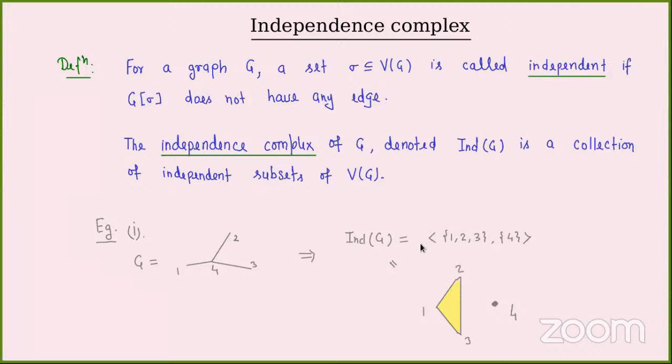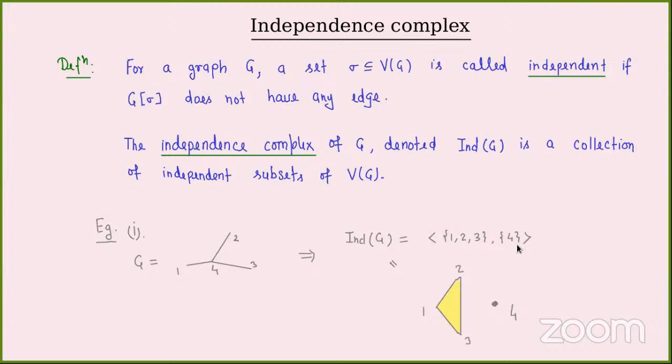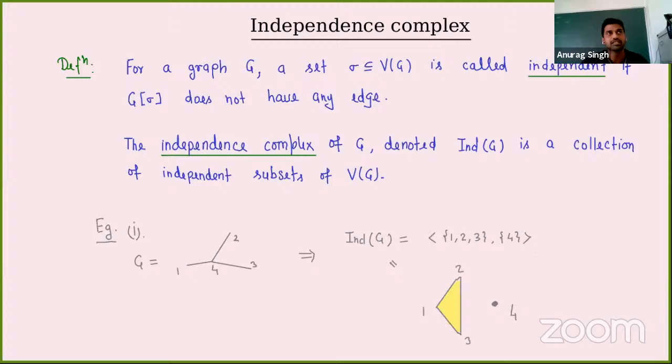You take a facet and you put all the subsets of it in the complex. So this collection of facets uniquely determines the simplicial complex. When you have two simplicial complexes which are different, then there must be one facet which is different. Okay, fine. Thank you.